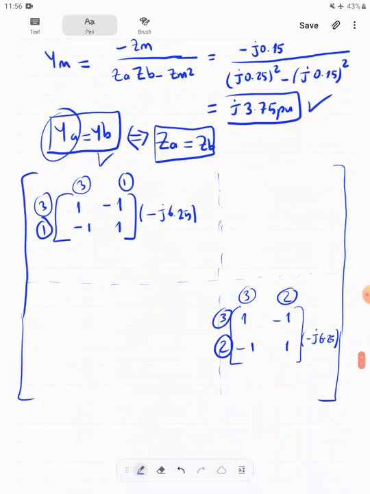Again, I am writing the unity squared matrix 1 minus 1 minus 1 1. What is Ym? You see Ym is found as j 3.75. 3.75 is our multiplication constant. Yes, the critical question is what must be the names of rows and the columns.